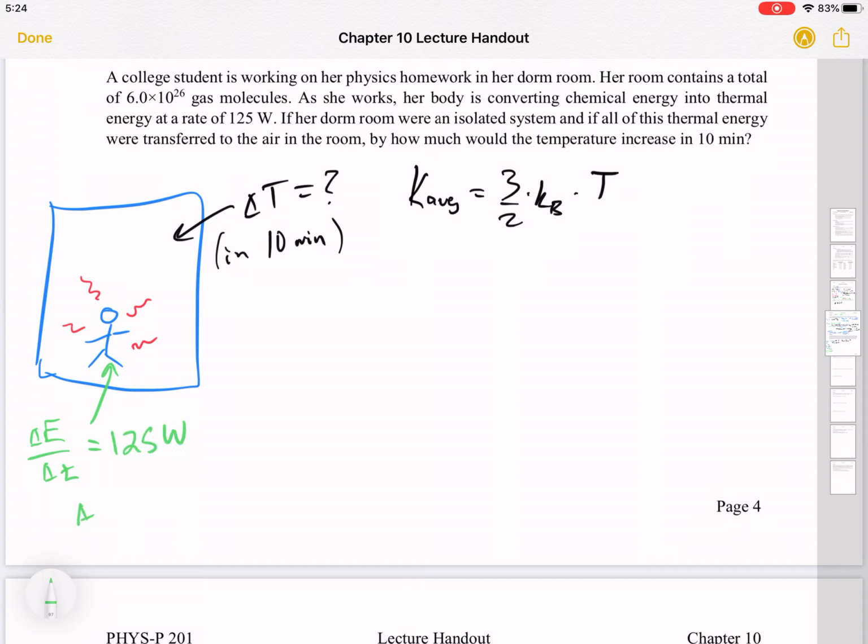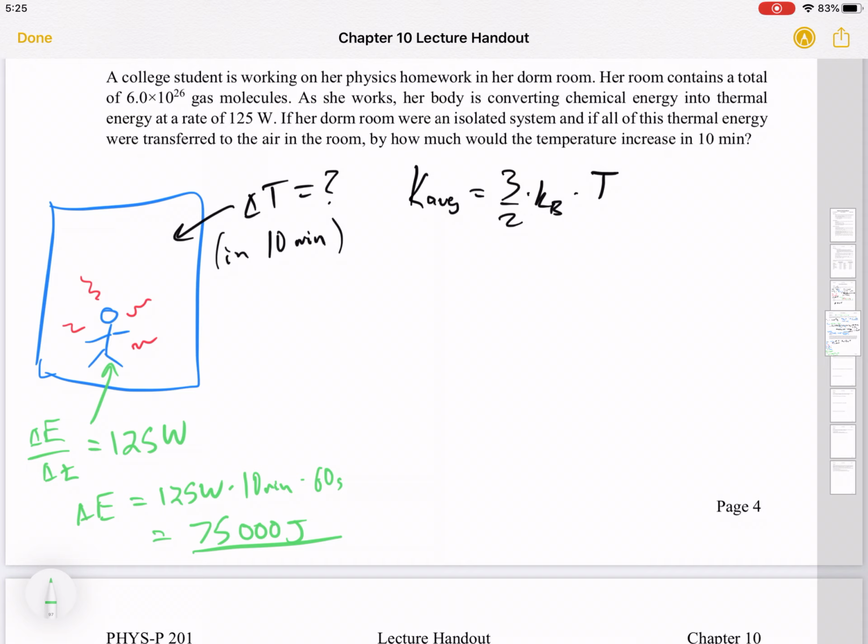So I could calculate a total energy dump into the room. It's 125 watts times that 10 minutes, which needs to be in seconds, so I'll multiply by 60 seconds per minute. That gets me the total energy dump, which is 75,000 joules. So that's going into this room.